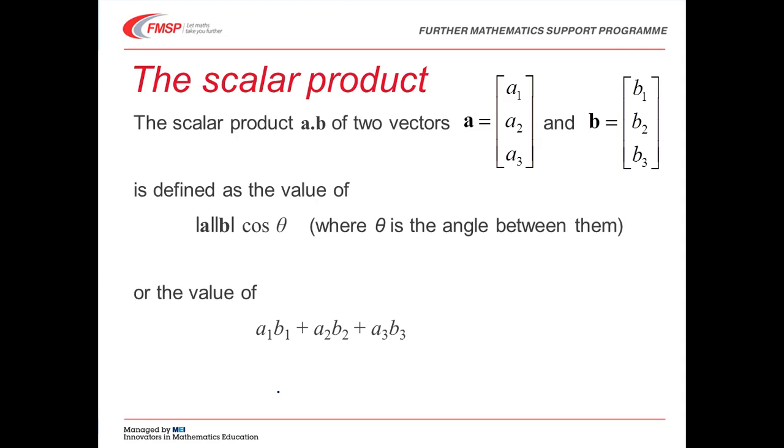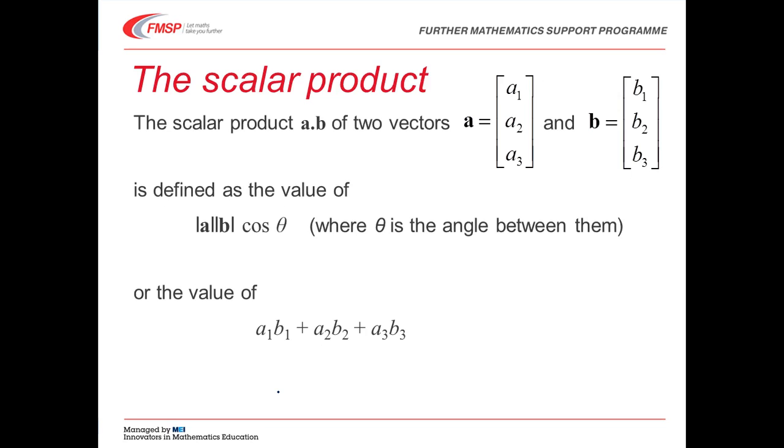So we get to the scalar product. The scalar product A dot B of two vectors A and B is defined to be the value of mod A mod B cos theta, where theta is the angle between them. And we've just shown that this is the same as A1 times B1 plus A2 times B2 plus A3 times B3.